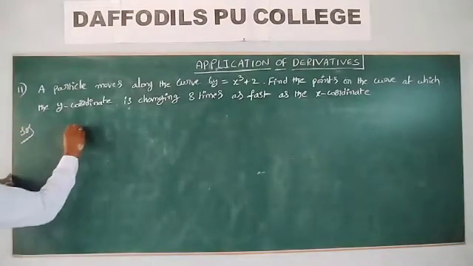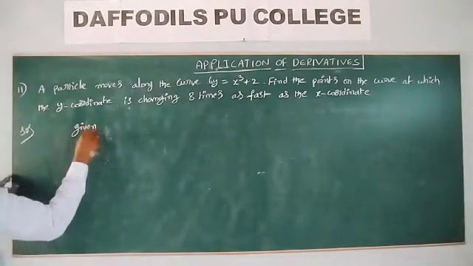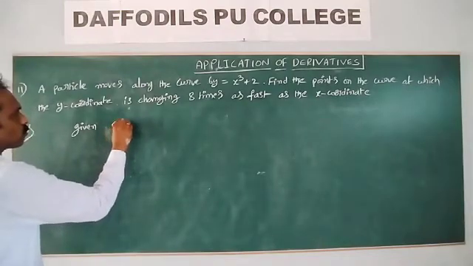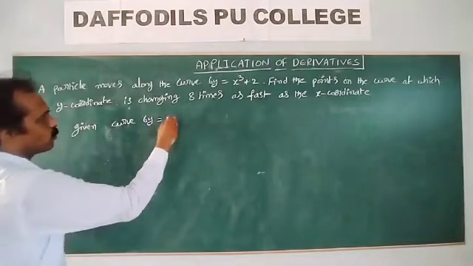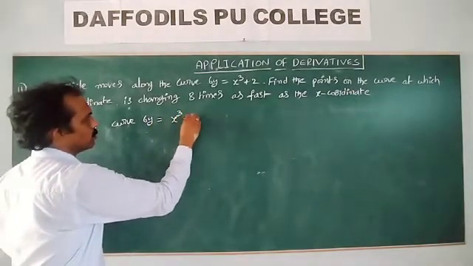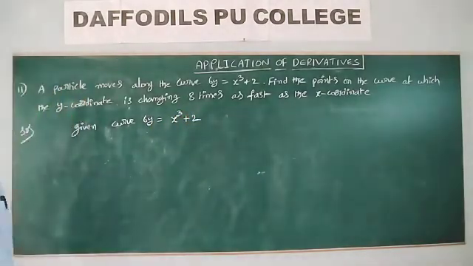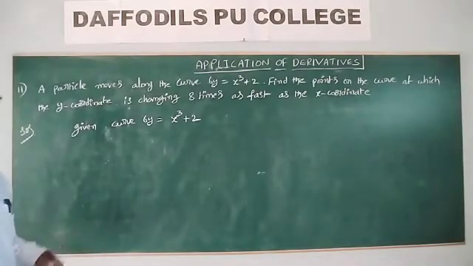Solution. Given curve 6y is equal to x cube plus 2. The y coordinate is changing 8 times as fast as the x coordinate.